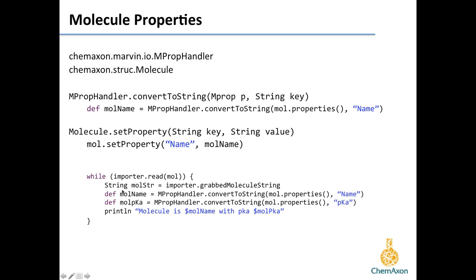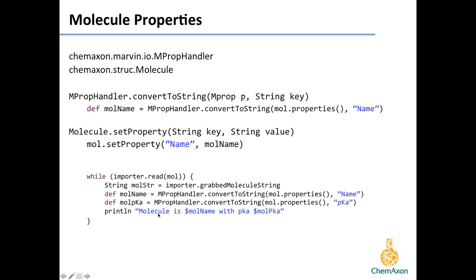For example, let's say we're going to loop through our file again. And while we're waiting for each molecule, I'm going to grab my molecule string again. This is grabbing the actual string from the file and not converting it to a molecule. And then let's say I'm going to set the mole name variable and the mole pKa variables by reading in from the properties the property that has the key of name and the key of pKa.